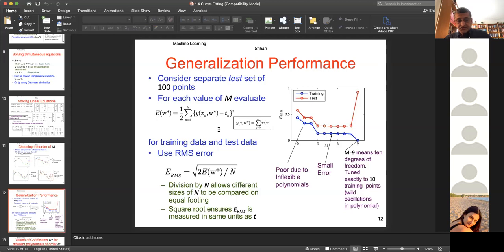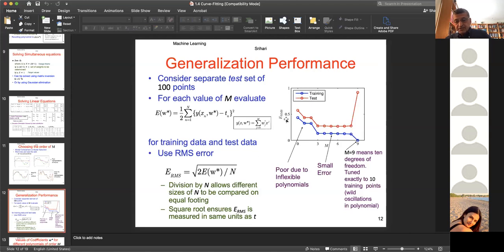Otherwise, this error is going to grow unbounded with n, the number of samples. When you have lots of samples, the error is going to grow. When you divide by n, you make it proportional. And the square root ensures E_RMS is measured in the same units as t. So anyway, this mechanism is being used here.